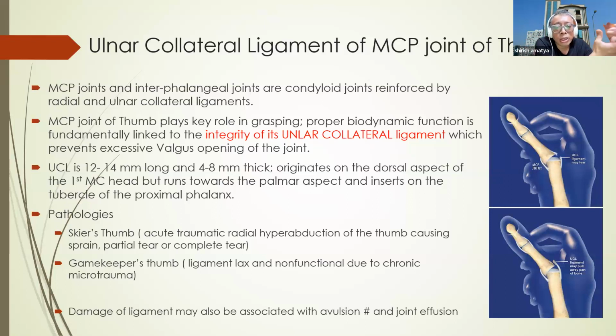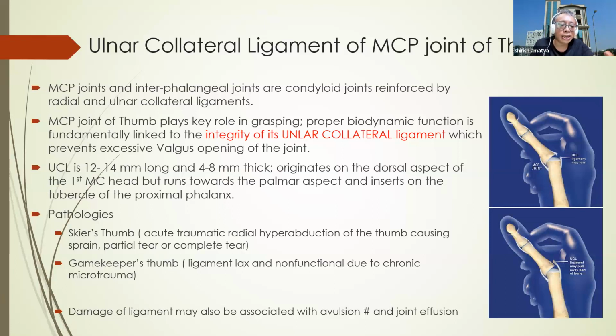There is another pathology also associated with the ulnar collateral ligament, called gamekeeper's thumb. Gamekeeper's thumb is usually a chronic condition where the ulnar collateral ligament is lax and non-functional, but there is no acute tear or sprain.